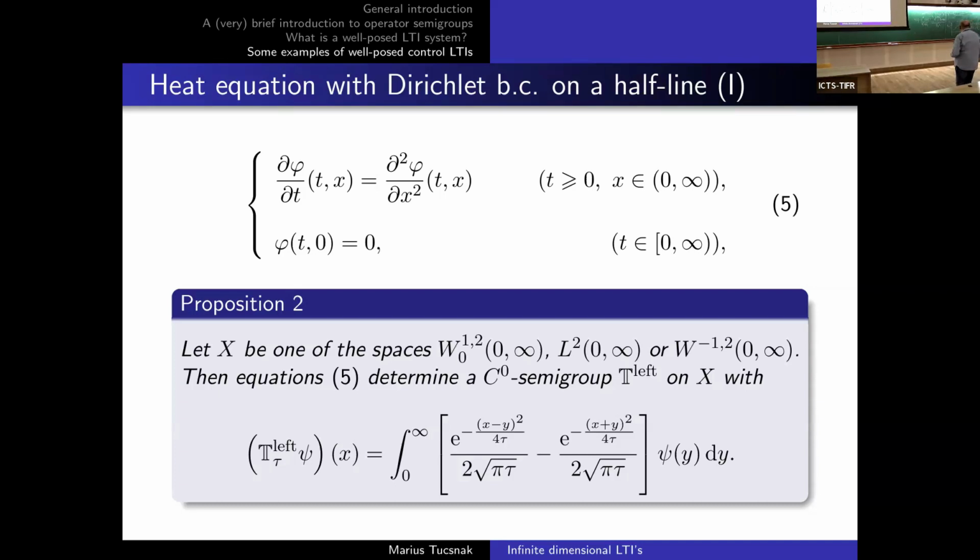And so what I should maybe say is that this formula is a particular case of, so the semigroup is a kernel operator, in fact.